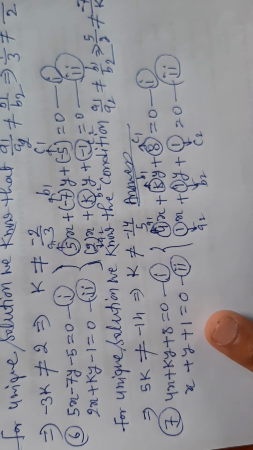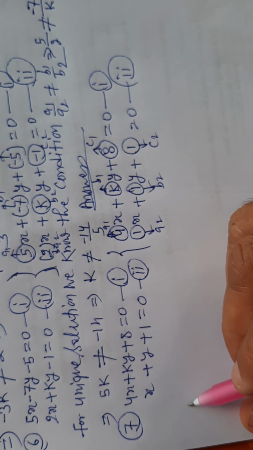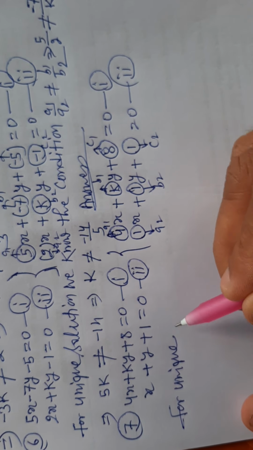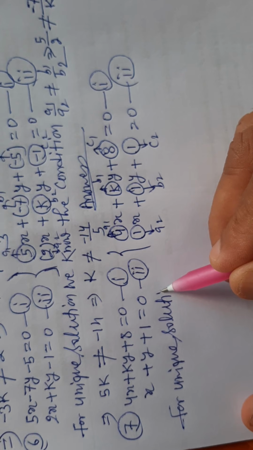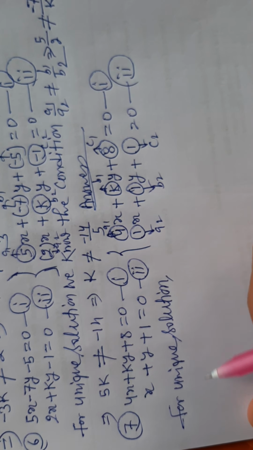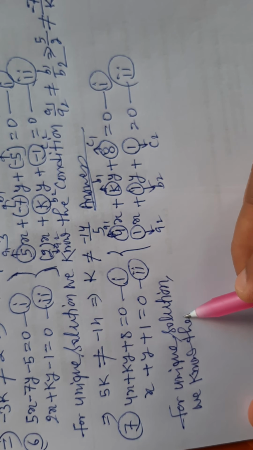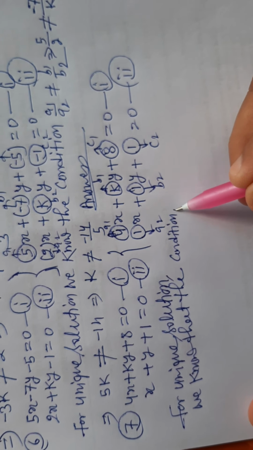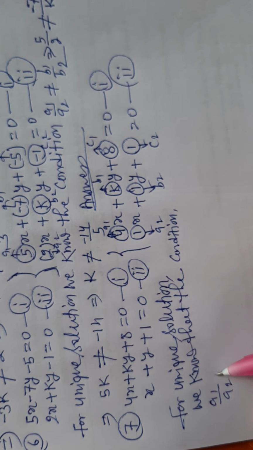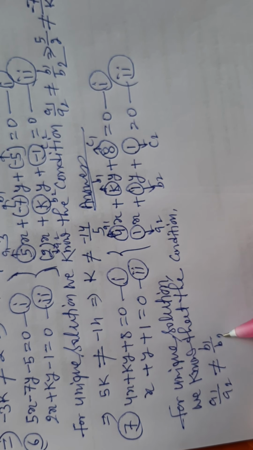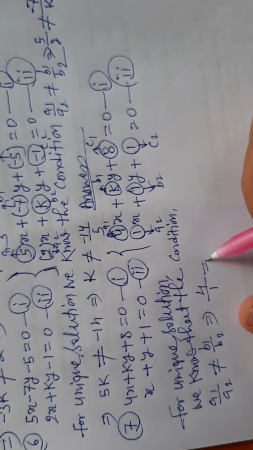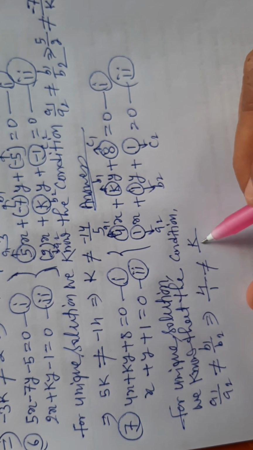Equation 2. Now for unique solution, we know that the condition a1 by a2 not equal to b1 by b2 implies value of a1 is 4 by 1 not equal to k by 1.